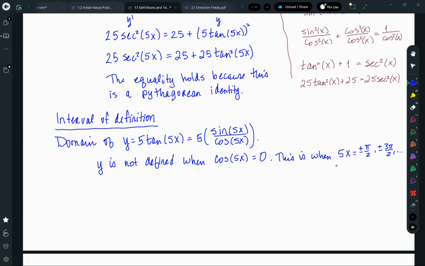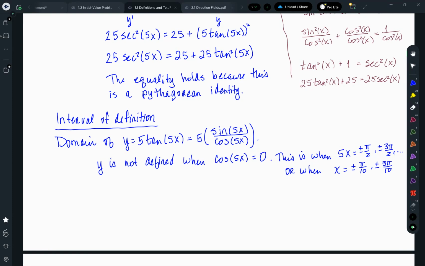And so that means x is equal to plus or minus pi over 10, or plus or minus 3 pi over 10. Okay? So we know where y is not defined. And right away I could say one interval would be from minus pi over 10 to positive pi over 10. Everything would be cool inside of there.